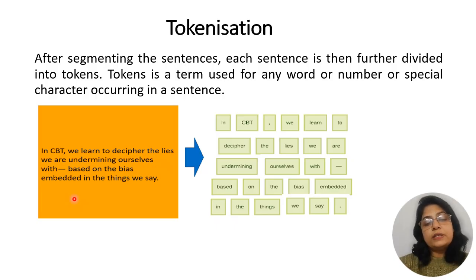You might get a question like this: you will be given a sentence and you'll have to count the number of tokens. So tokens are all the different words or punctuations or different numbers which are coming in a sentence. Please prepare yourself with the definition of token, and also you should be able to count the number of tokens in a sentence. Full stop should also be counted.